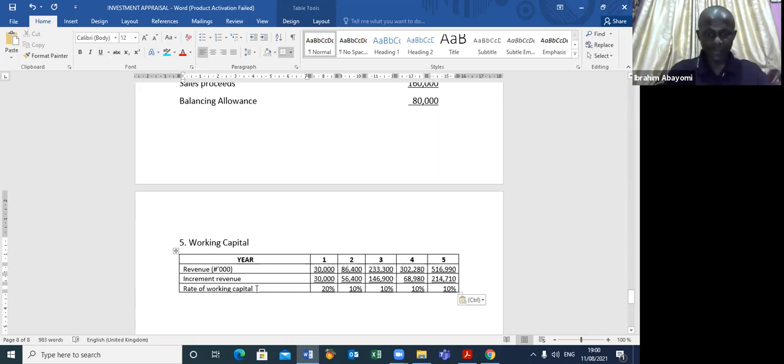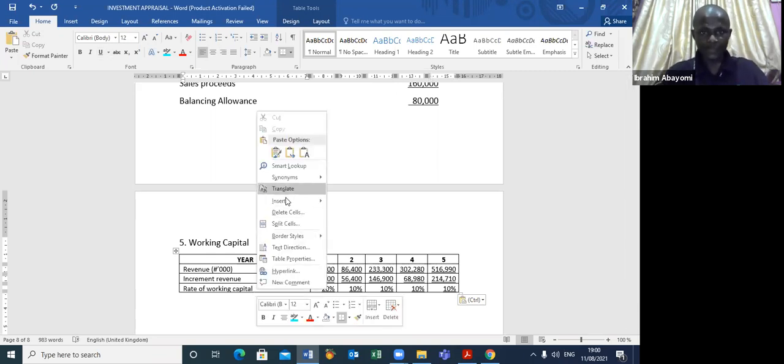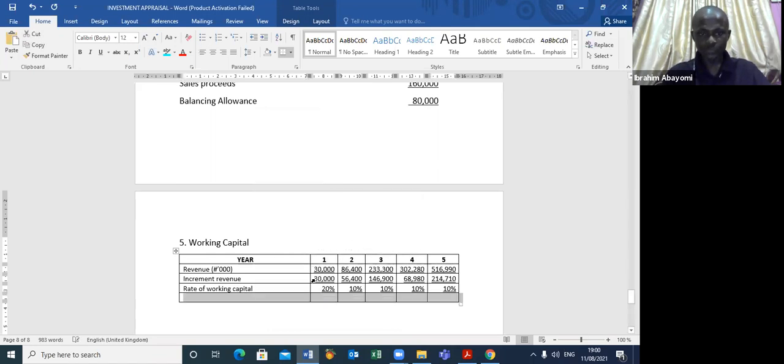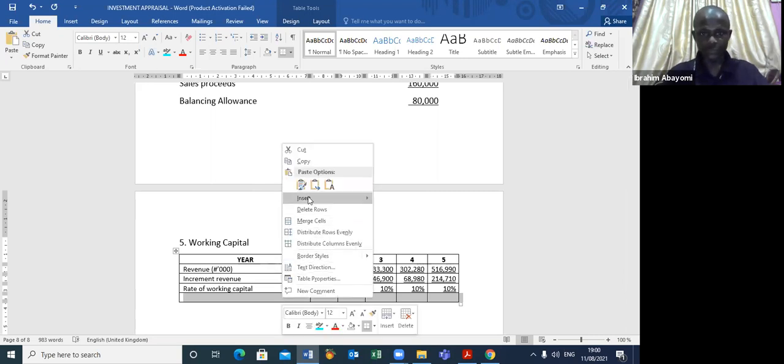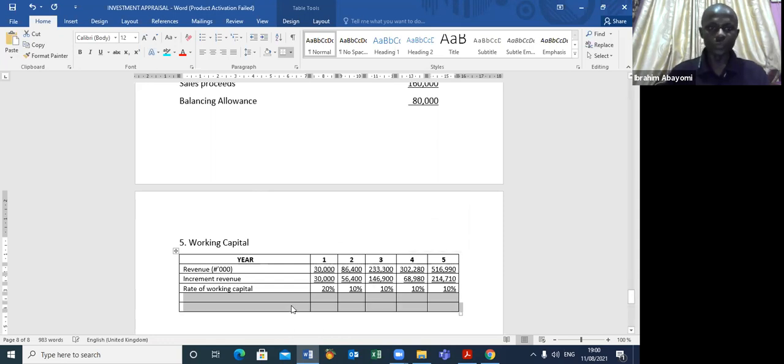Let me add another line here, about two below. So this is our rate. Now compute our working capital.